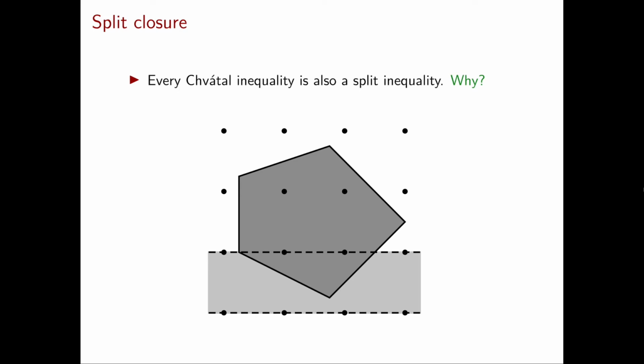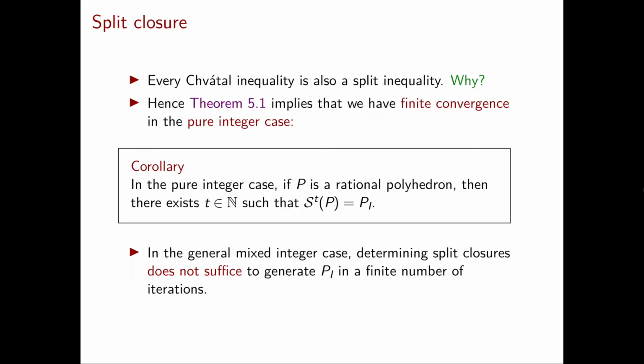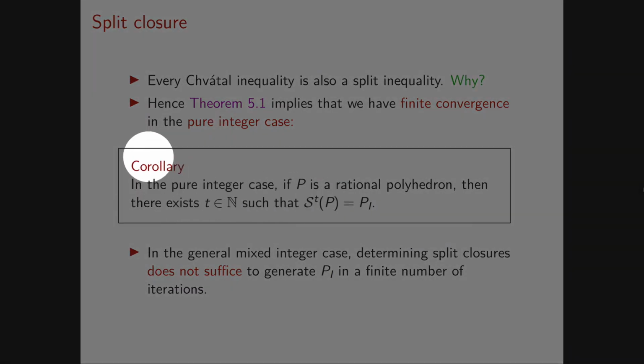And if you think about it, the Chvátal inequality that we originally started from is in fact a split inequality for P corresponding to this split. So this observation, together with theorem 5.1, immediately implies that we have finite convergence in the pure integer case. So this is stated in this corollary.